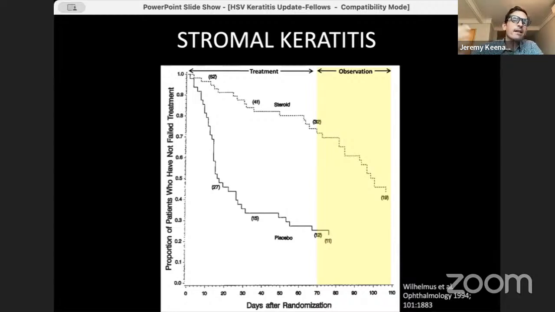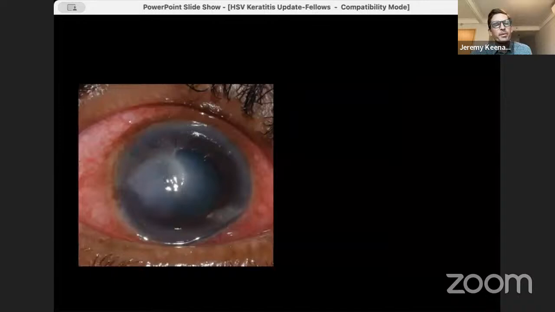In fact, a lot of these patients, especially patients who have an interstitial keratitis with blood vessels, are going to need really long-term steroids. Let me go to the next slide here. So here's a patient who had a necrotizing stromal keratitis.